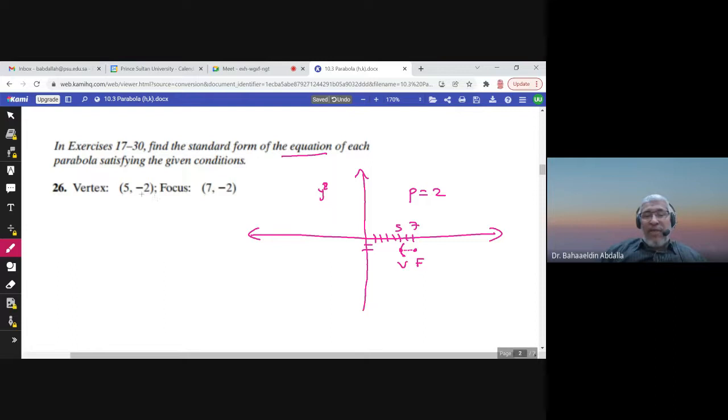And the vertex is 5, negative 2. So the equation is y minus k, so y plus 2 squared, equals 4 times p, so 8, times x minus h. So this is the equation of the parabola. As simple as that.